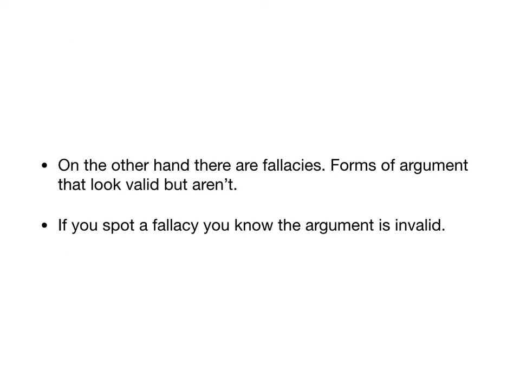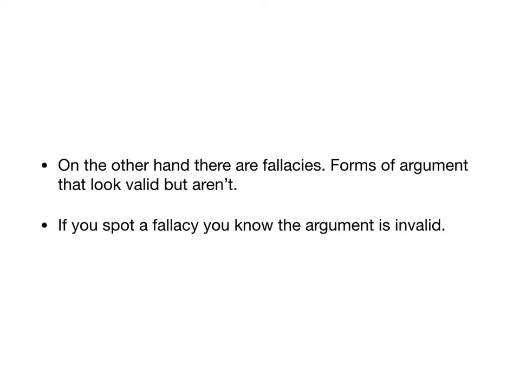On the other hand, there are what philosophers and logicians call fallacies. And fallacies are forms of argument that look valid, that a lot of people will take to be valid, but they are in fact not valid. These are forms of bad argument that trip people up, that fool people.